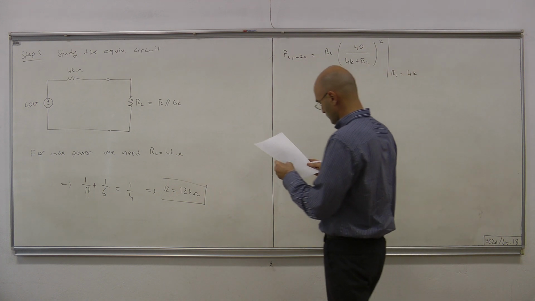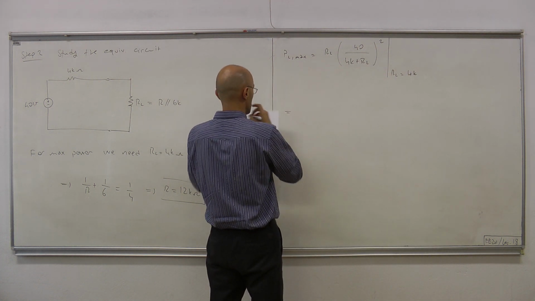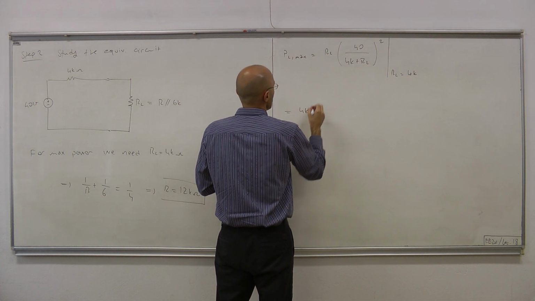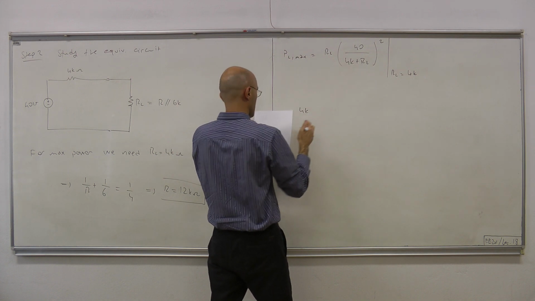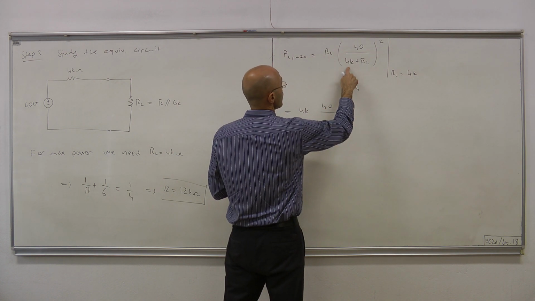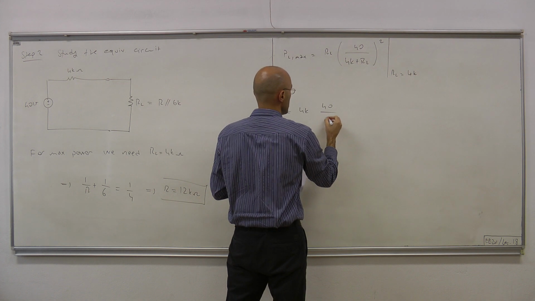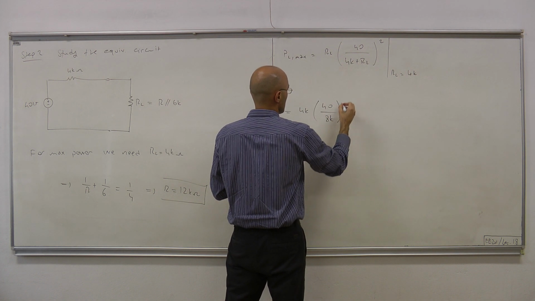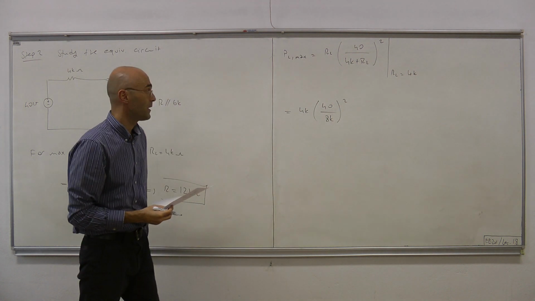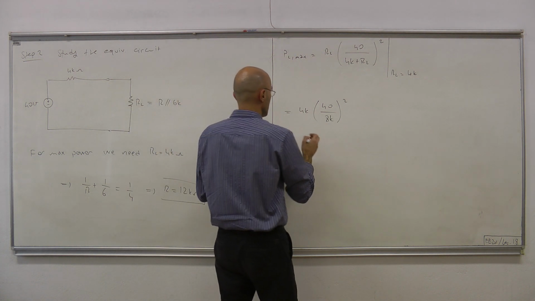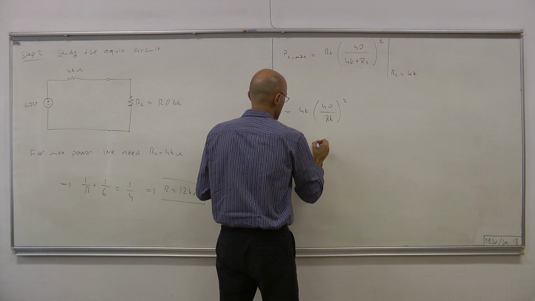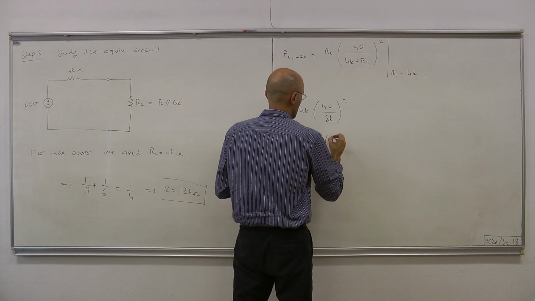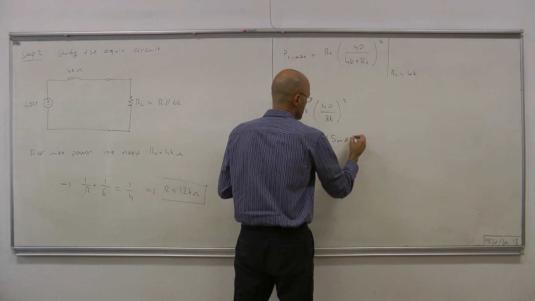So that equals 4K times 40 over 4K plus another 4K, that makes 8K, squared. So that's 4K times 5 milliamps squared.